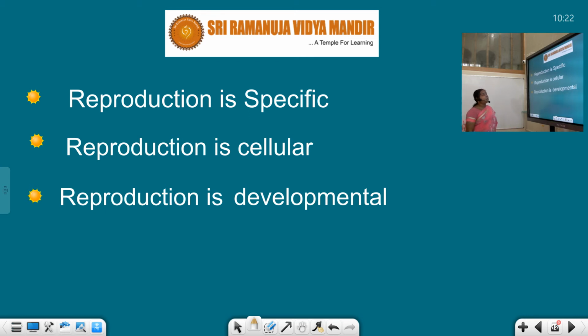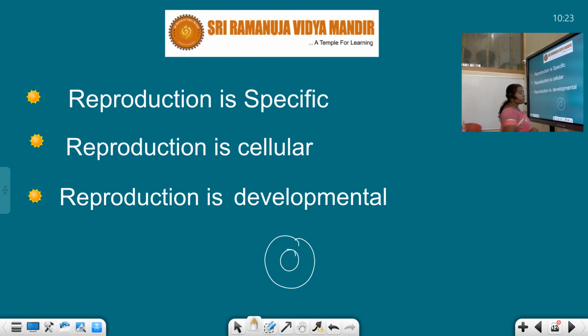The third important point is that reproduction is cellular. That is the reason the cell is known as the structural and functional unit of life. The cell consists of everything and has to perform all functions.